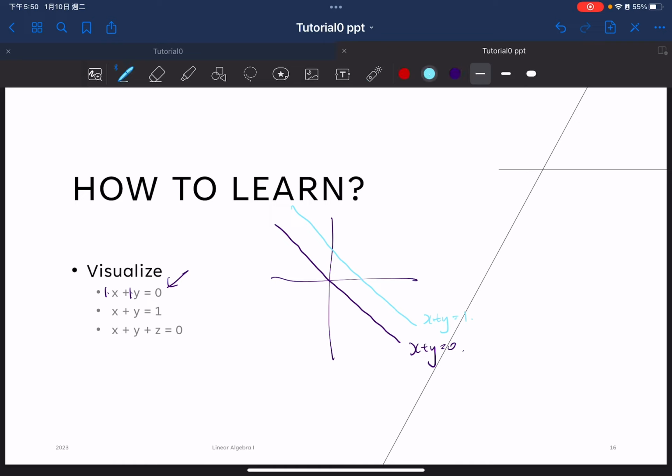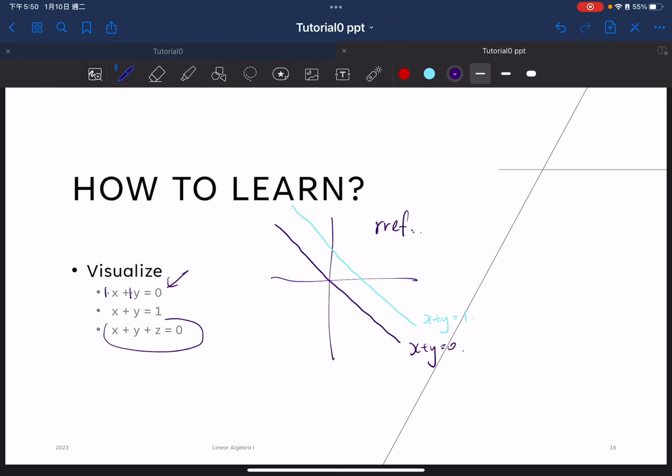You will learn soon about RREF. You will learn about many calculation techniques, but it's of the utmost importance to visualize all these things so that you can see why there are no solutions, why there are infinitely many solutions.